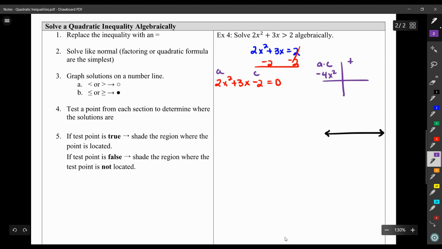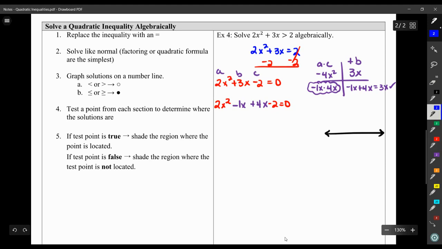And I need two numbers that add up to be b, which in this case is 3x. And I know that if I take a -1x times a 4x and I add those up, I do in fact get a 3x. So this is solvable by factoring. You could use the quadratic formula if you prefer. It doesn't matter how you solve these quadratic equations. So break apart b into -1x and 4x.